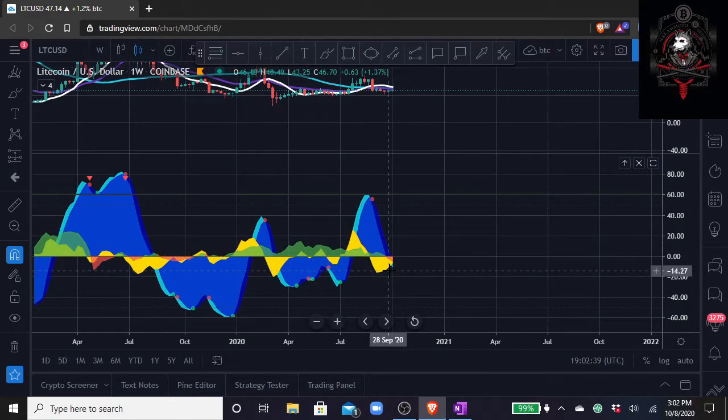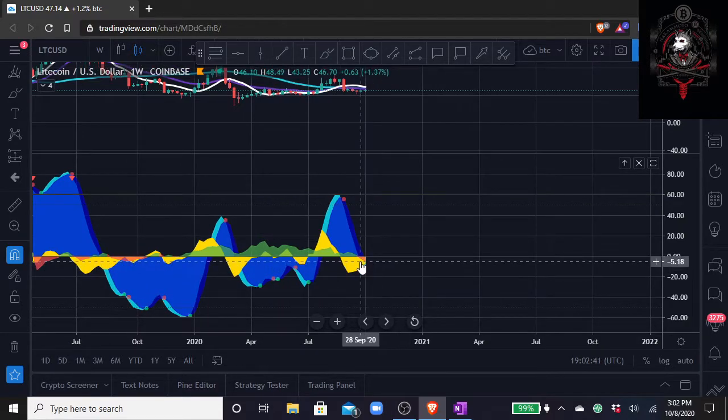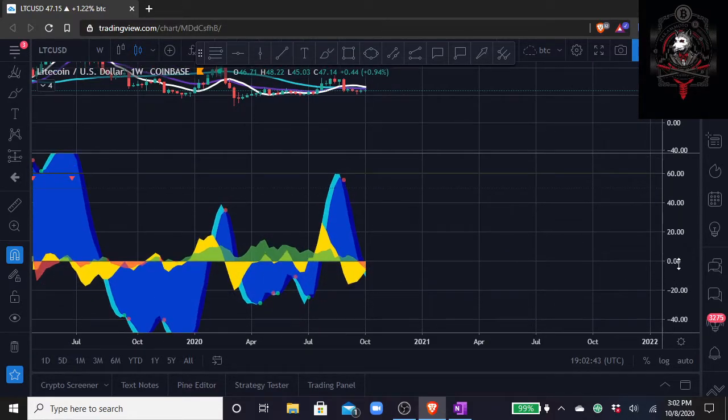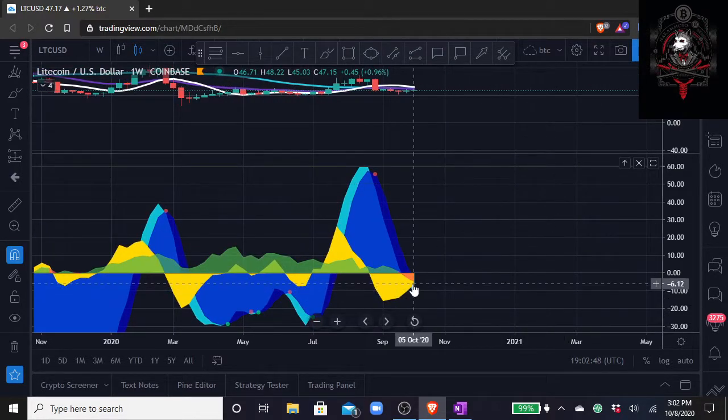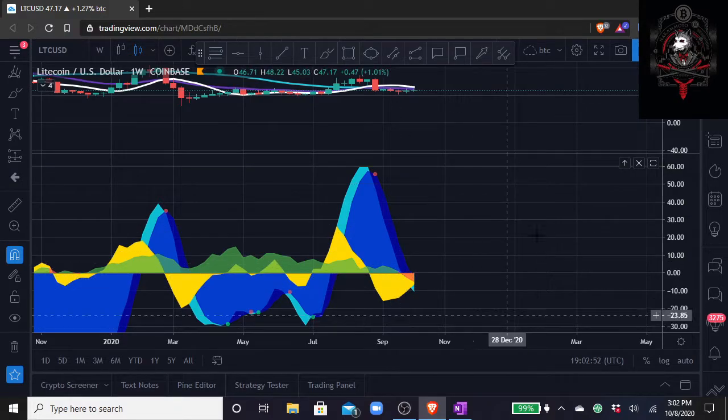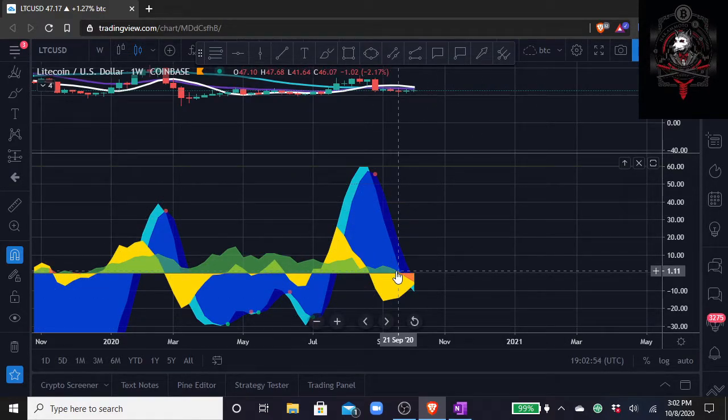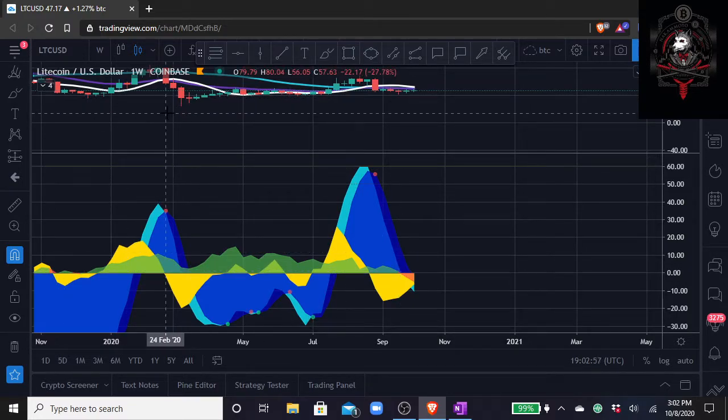I am so sorry I screwed that up for you guys. The red wave that you can barely see right there, that is the money flow wave, and it is turning red. So when that happens, usually money is flowing out of the asset. Weekly time frame, that's not good for Litecoin at all.